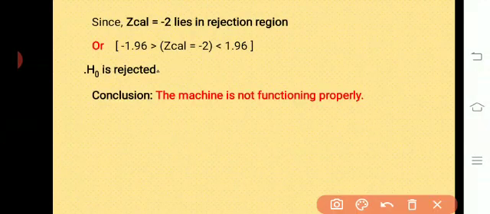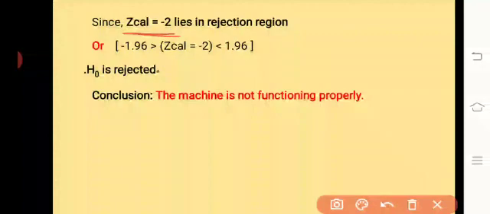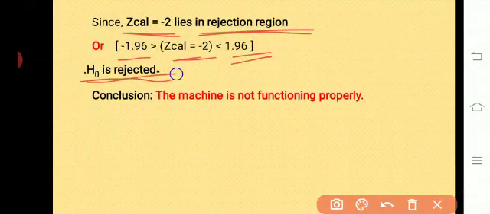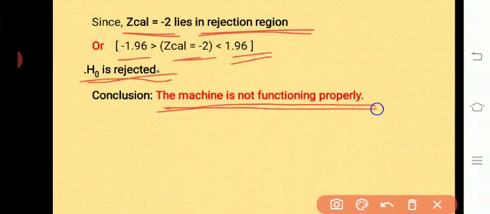Since z calculated equal to minus 2 lies in the rejection region, because minus 1.96 is greater than the calculated value of z, that is minus 2, z calculated lies in the rejection region. Therefore H0 is rejected, and H0 rejected means H1 is accepted, and in H1 we have written the machine is not functioning properly, so the conclusion is the machine is not functioning properly.